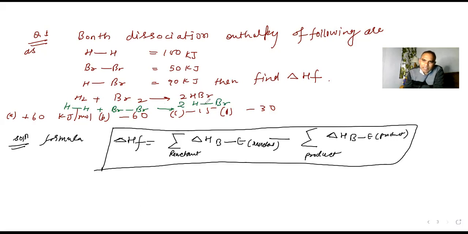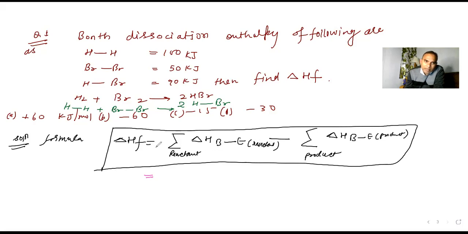Between H and Br there is a single bond. Br2 means Br-Br bond, H2 means H-H bond. So if you are placing the value, what is going to come? One enthalpy of reactant.